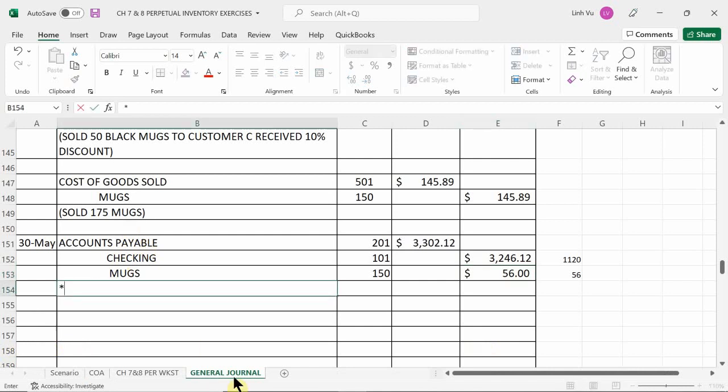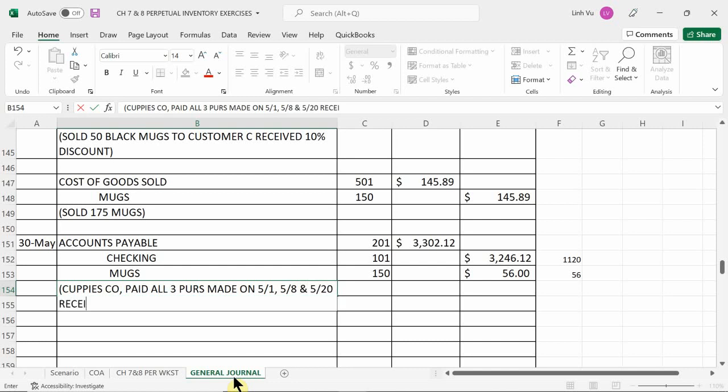And I'm going to make a note here that I made a payment to Cuppies Co. for all 3 purchases, made on May 1st, May 8th, and May 20th.